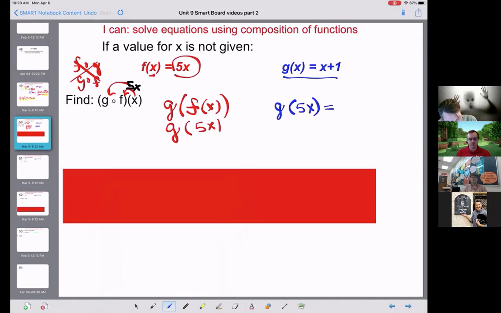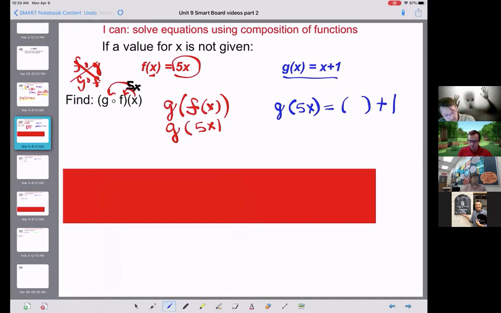People get confused because they see x's in both places. But remember, all along, Ms. Johnson and Mr. Nelson and I have been telling you that whenever you see an x, replace it with parentheses. So I don't care if this is a 5x or a butterfly or a flower or a steaming pile of poop. Whatever's in that parentheses goes into the empty spot.